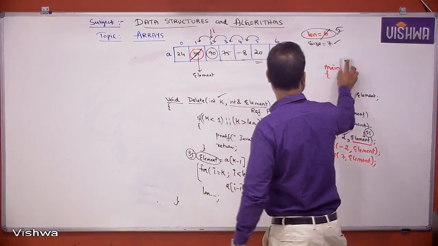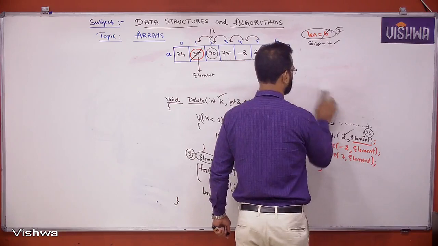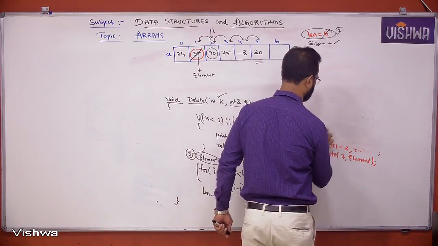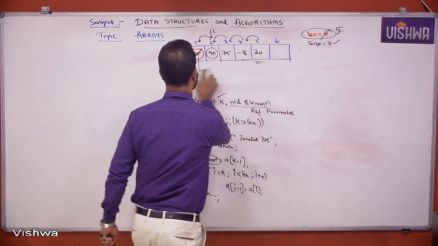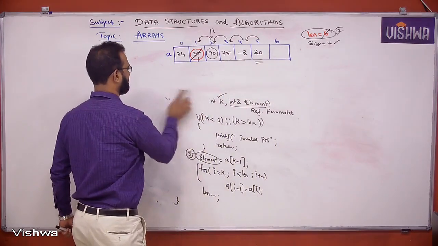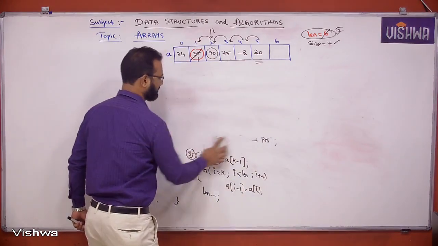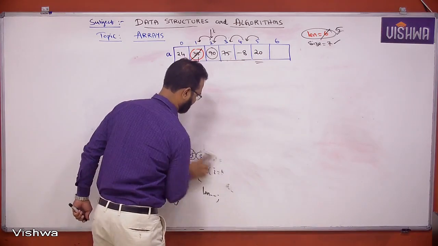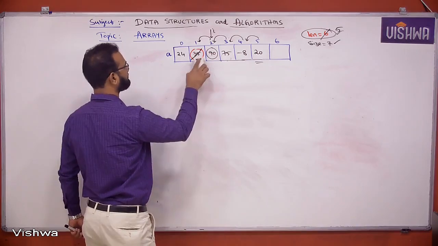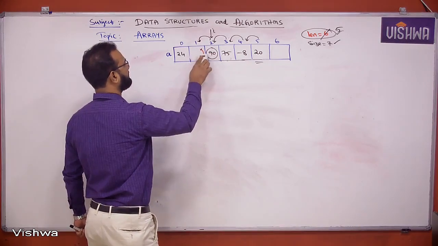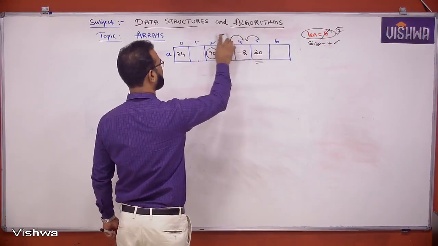Let's have the next operation. Let's assume the same set of 6 elements are there.